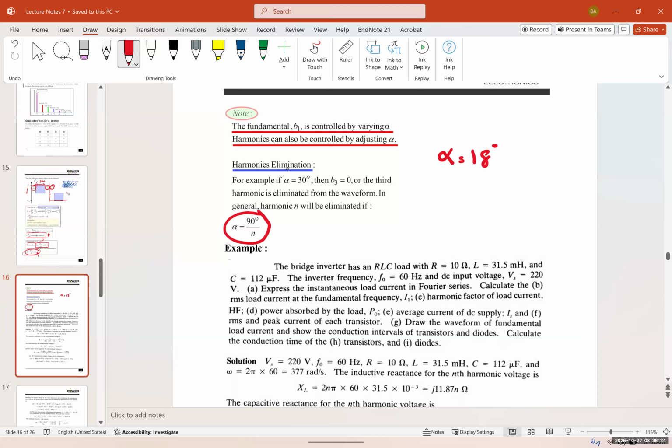Let's say alpha equal to 18, and another one, alpha equal to 8.18 degrees. So which harmonics would be eliminated if alpha is equal to 18 degrees and 8.18 degrees?